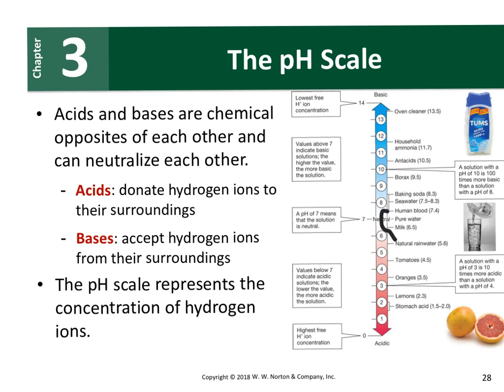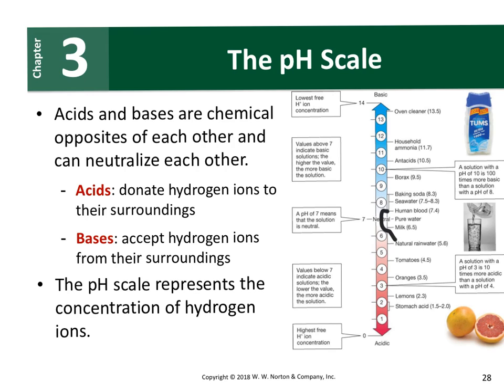There's another thing about water, in terms of acids and bases. Acids and bases are chemical opposites of each other and can neutralize each other. Acids, let's say sulfuric acid, donate hydrogen ions, that's just one hydrogen instead of two, to the surrounding, let's say, water.